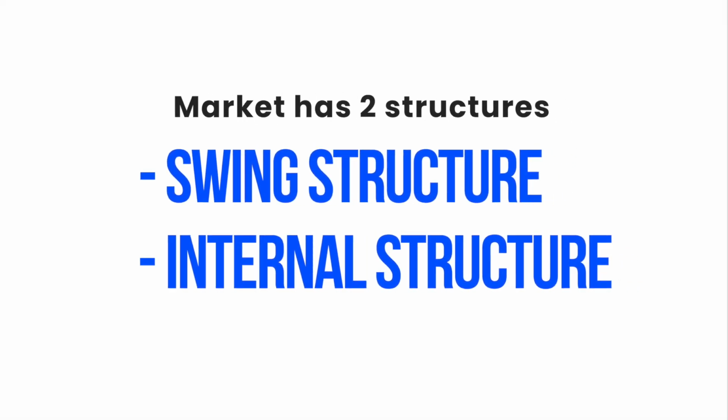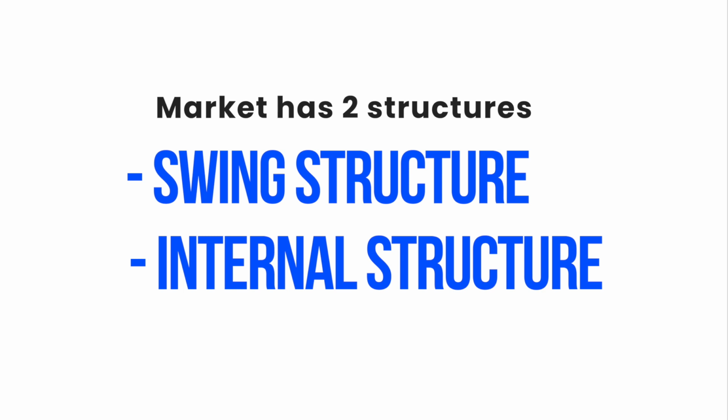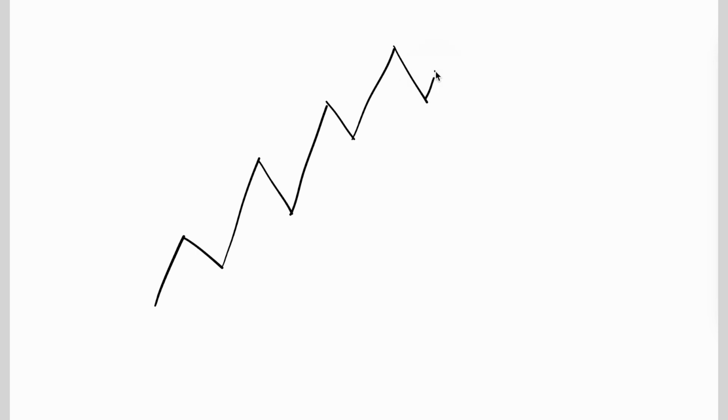Now every market has two kinds of structures. One is the swing structure and one is the internal structure, the fractal structure. Again, we'll consider the same figure. This was a high, this was a low.